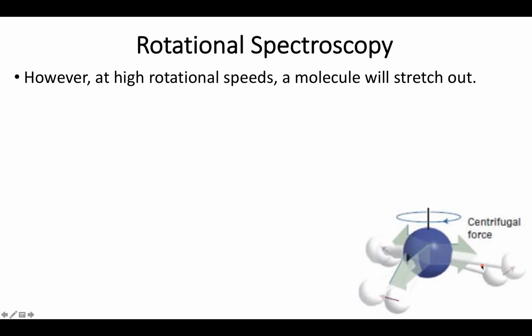And this stretching out is going to essentially slow down the rotation because I'm changing my moment of inertia. Because as r gets longer, moment of inertia goes up, modifying the energy of the system, and even the speed of rotation.